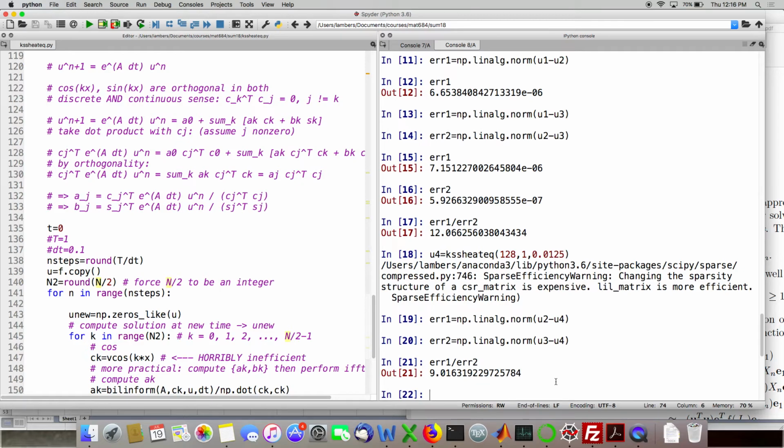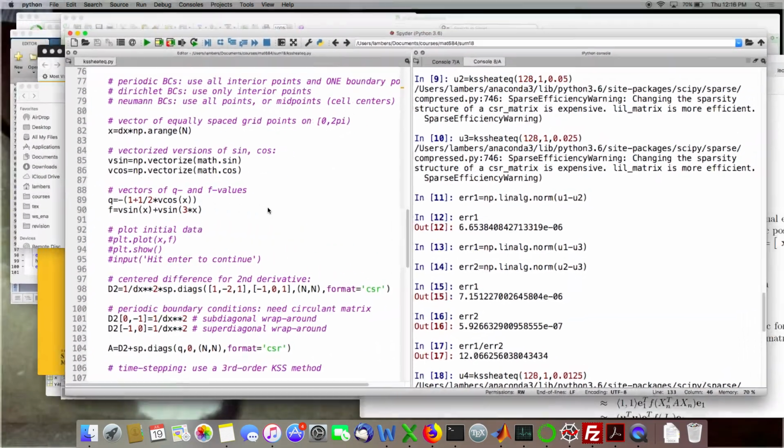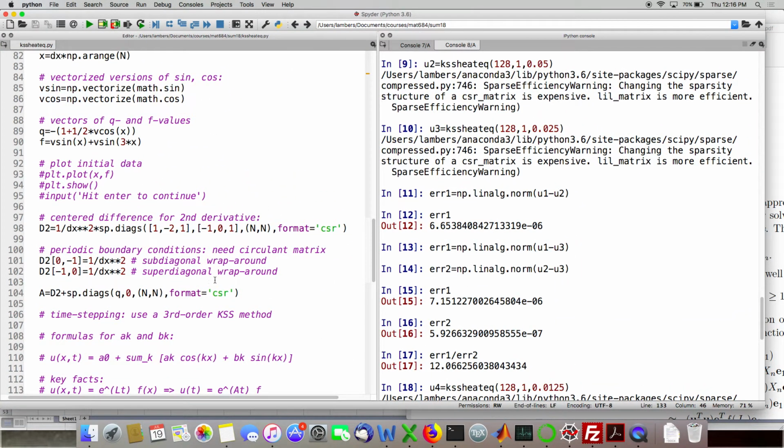Yes. Can I look at the formation of matrix A? It's not working. Okay. A. Whoops. Okay. Here.